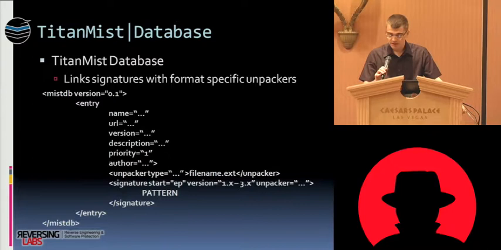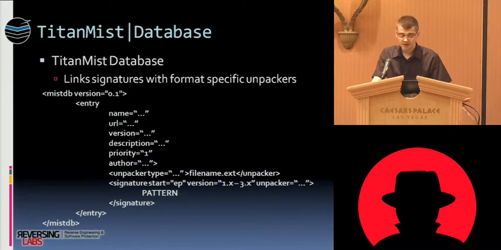So the database looks like this. It's basically an XML file which has all the signatures and all the patterns you need to identify files. If you look at the sample XML output, it's basically a database of entries. By entry we mean one or more signatures that connect that entry to a specific format.